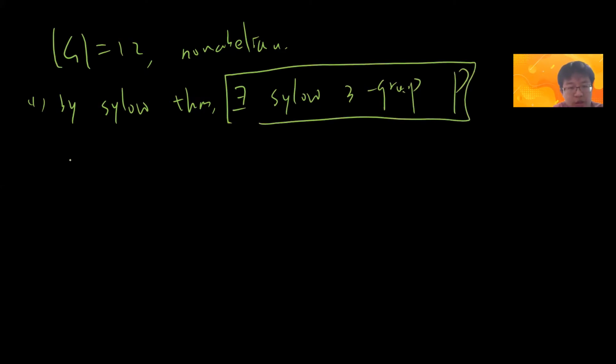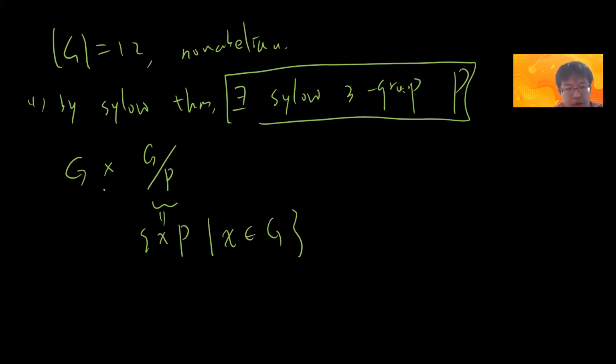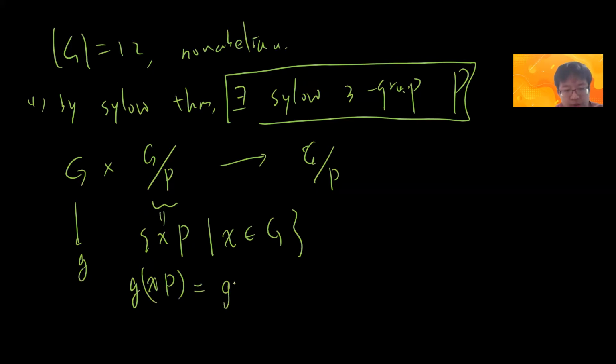I can consider the group action of G on G quotient P, the left cosets xP, where x belongs to G. My group action is very simple: somebody gives you a g, and you just act by left multiplication, so g acting on xP gives gxP.